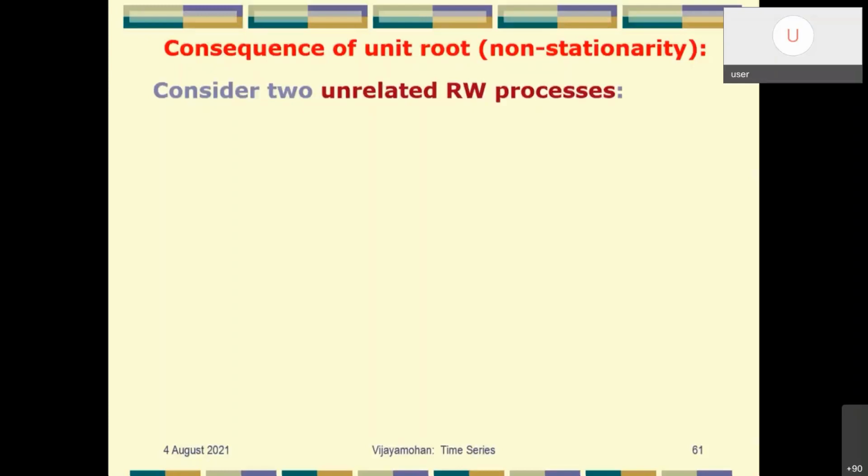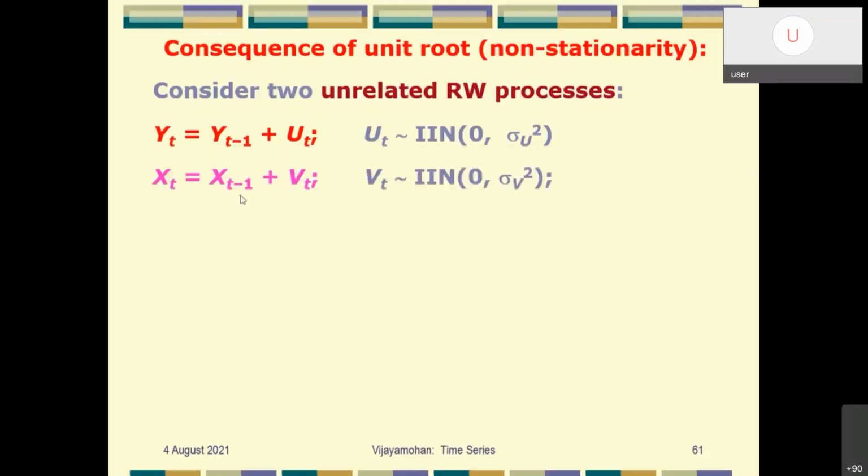Now, suppose we have two unrelated random walk processes. That is YT, where the coefficient is equal to 1, the root is equal to 1, and the random error term is independently and identically distributed as a normal variable. Similarly, we have another random walk, XT, where the new error term is VT.